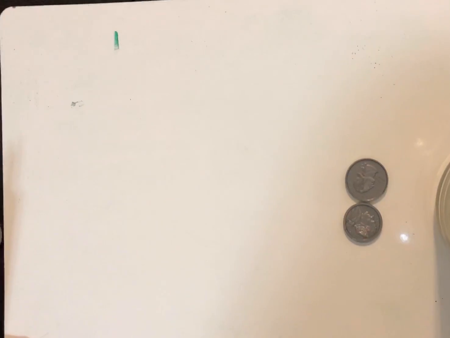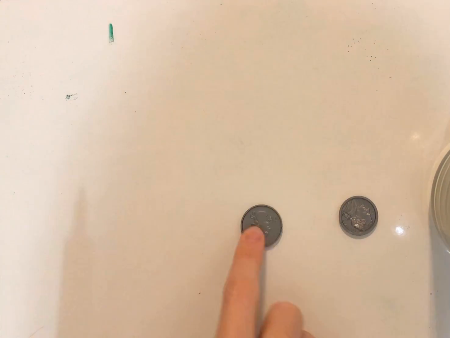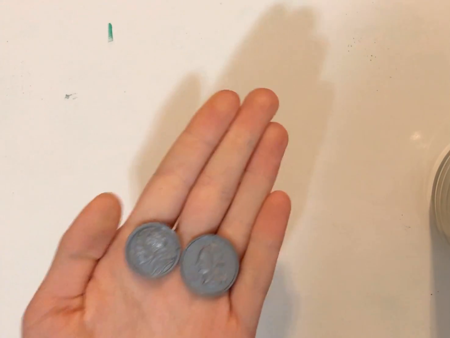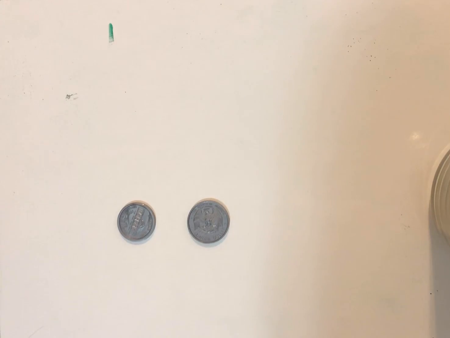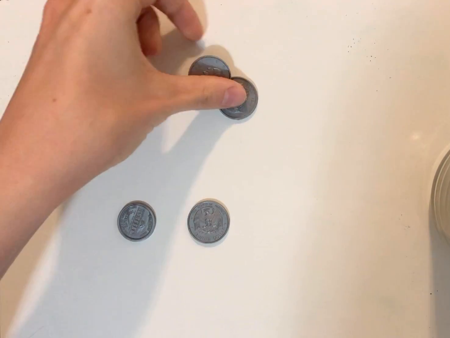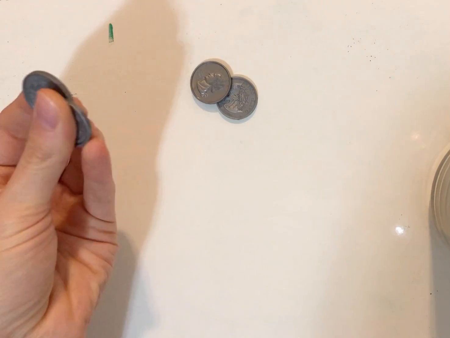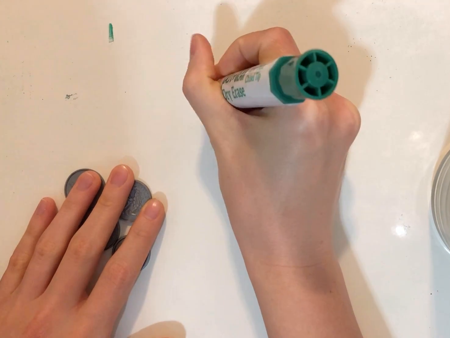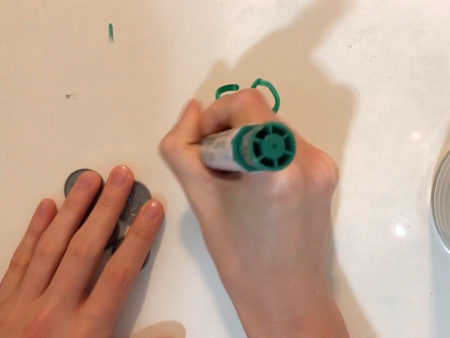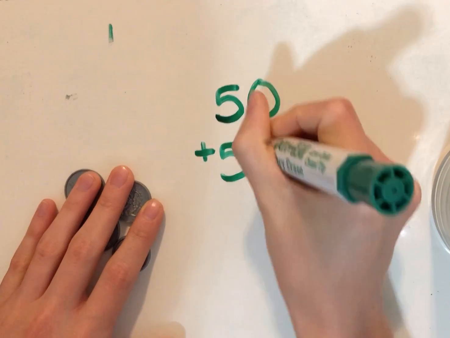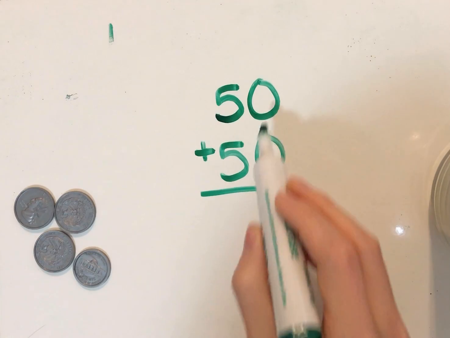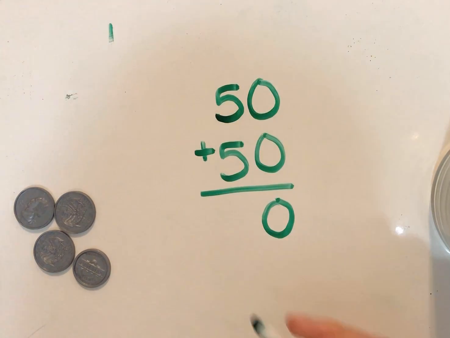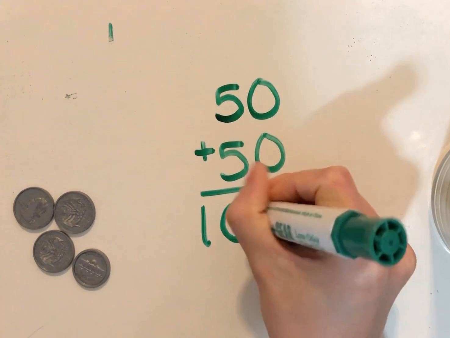So I know that I have 50 cents, and so we could think, instead of having to add another 25 and another 25, if I know that 2 quarters right here is 50 cents, and I have another 2 quarters for 50 cents, I could just add 50 plus 50. 0 plus 0 is 0. 5 plus 5 is 10.